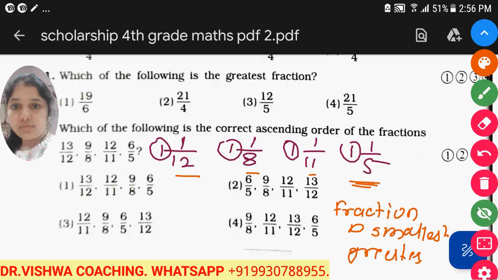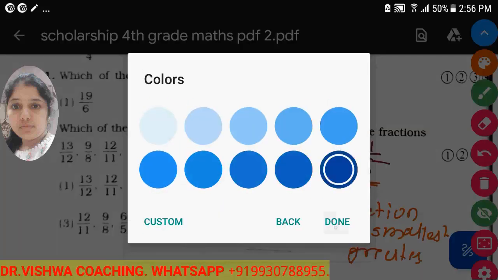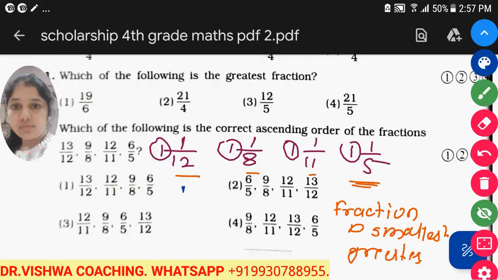Now we have to arrange in ascending order, so we have to find the smallest first. The fraction whose denominator is the greatest, that one is the smallest. So 12 is the greatest denominator, so this is the smallest fraction.